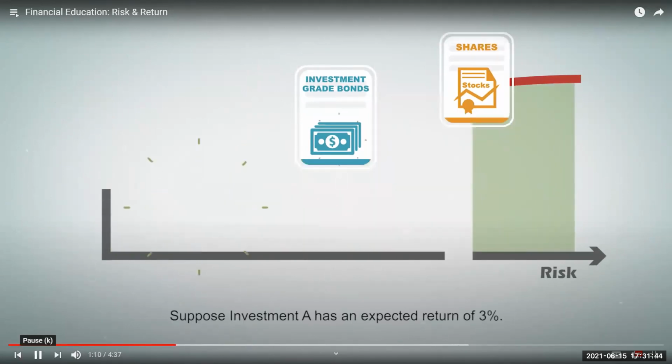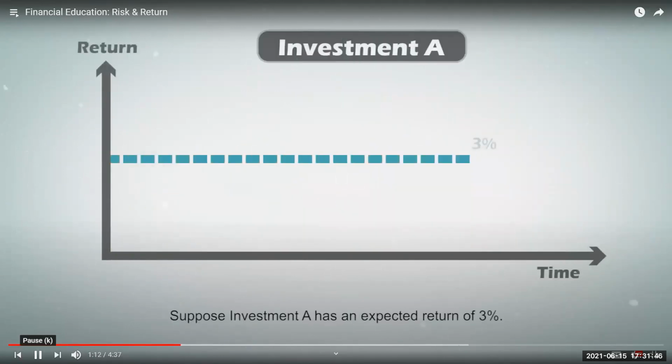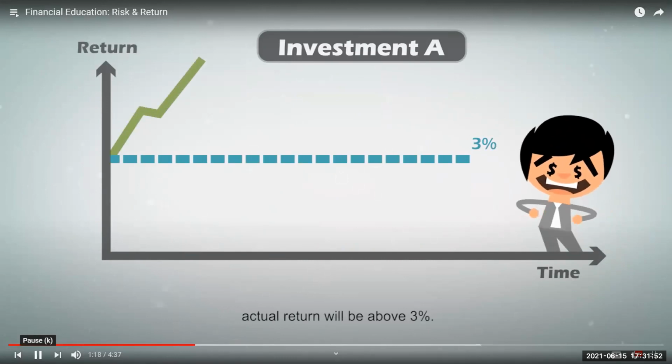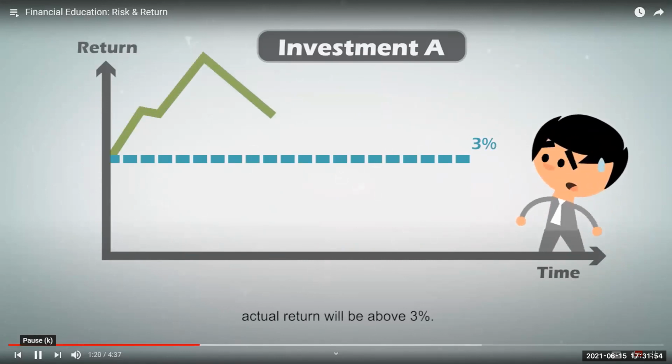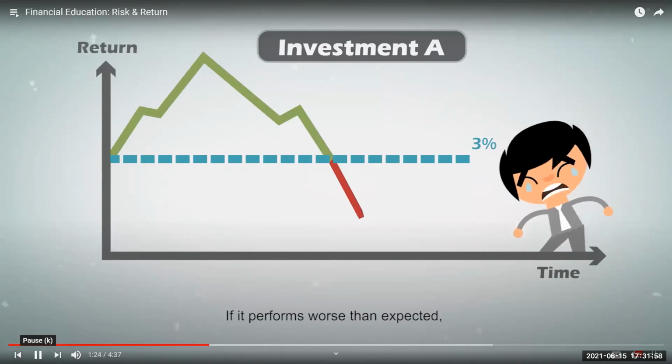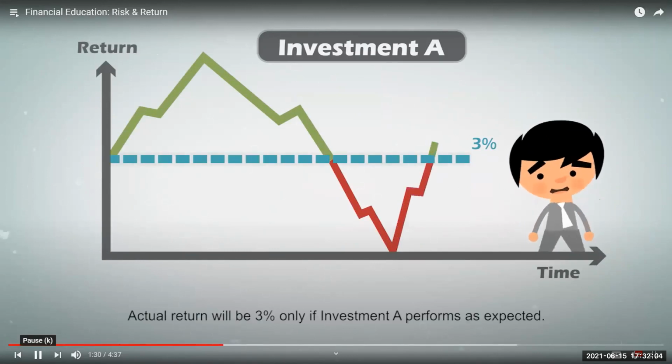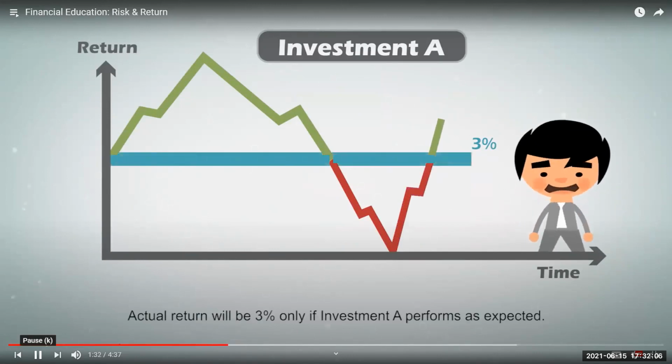Suppose investment A has an expected return of 3%. If investment A performs better than expected, actual return will be above 3%. If it performs worse than expected, actual return will be below 3%. Actual return will be 3% only if investment A performs as expected.